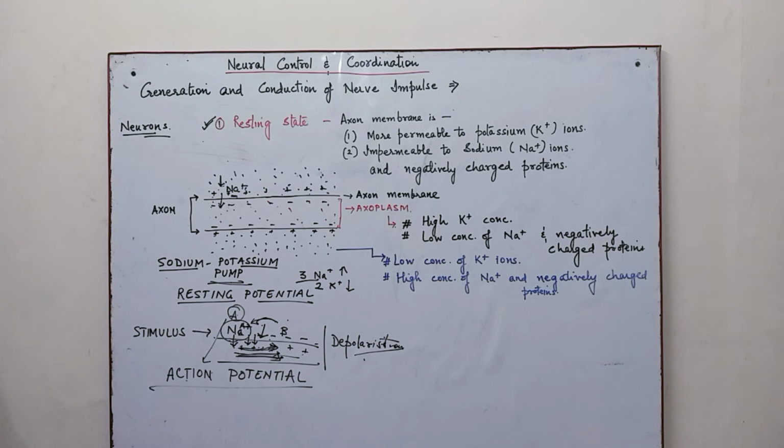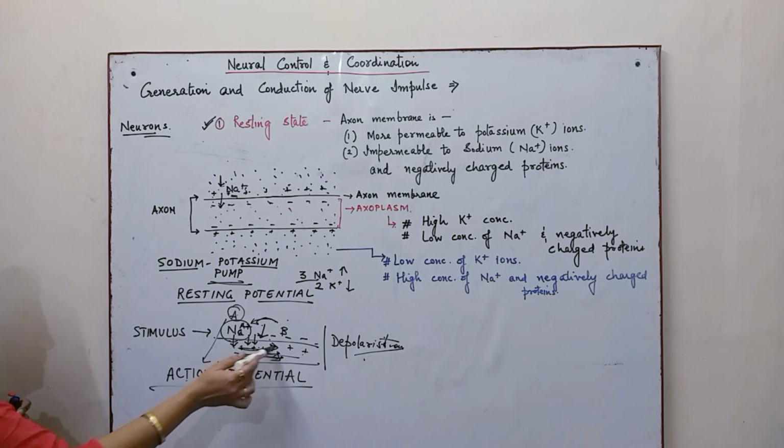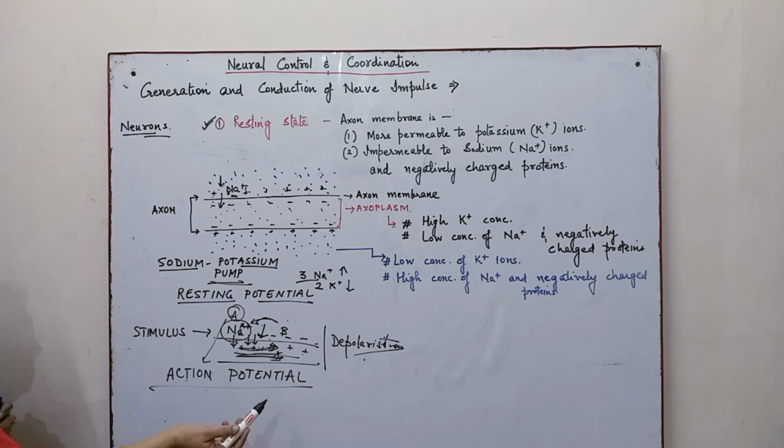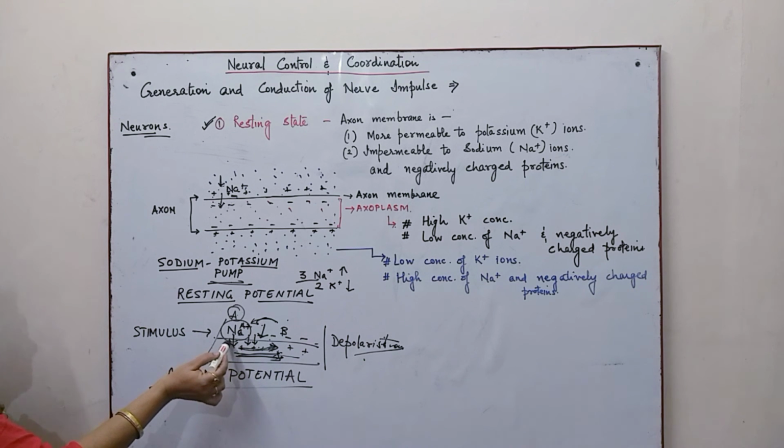And soon after this phase has passed, that is depolarization has taken place, the membrane at the site of the stimulus will again become impermeable to sodium ions and will restore the resting potential. In other terms, it is ready to accept the next stimulus.